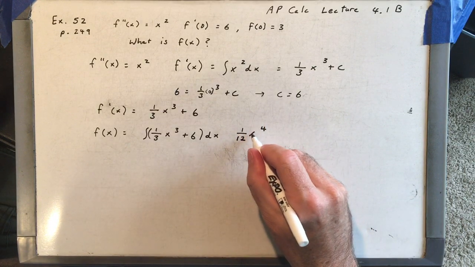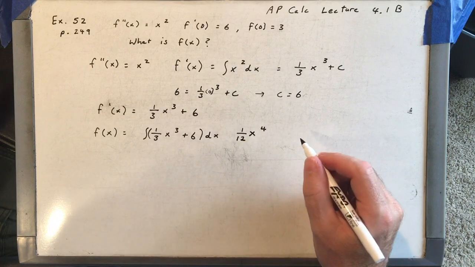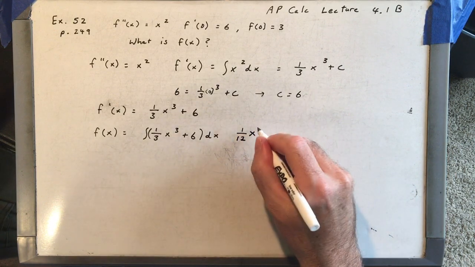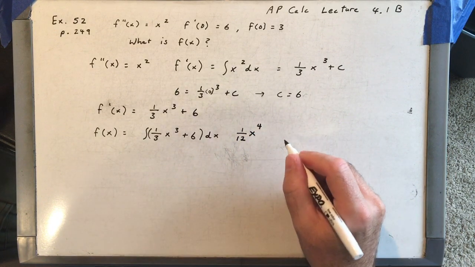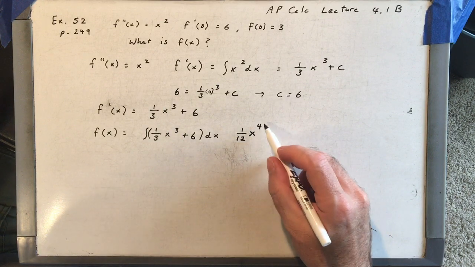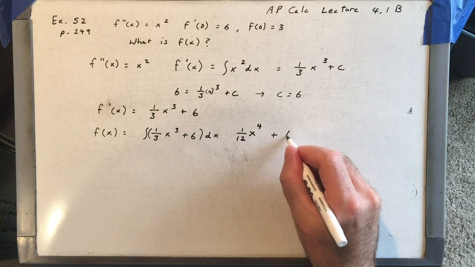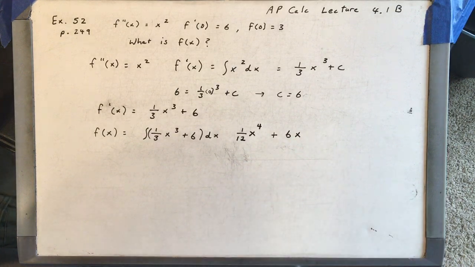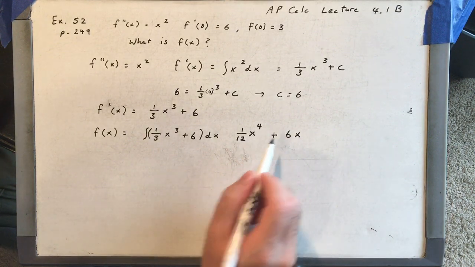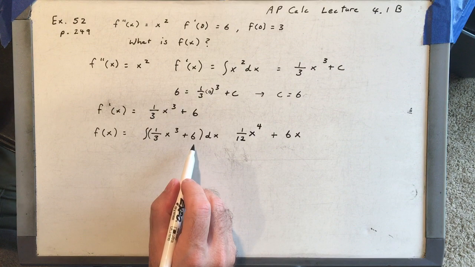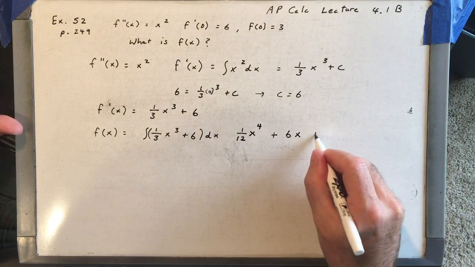It's 1/12 times x to the 4th power. So let me improve the look of that: 1/12 x to the 4th plus 6x. You can check, take the derivative of that, and you'll get 1/3 x cubed plus 6. And then don't forget the plus c.